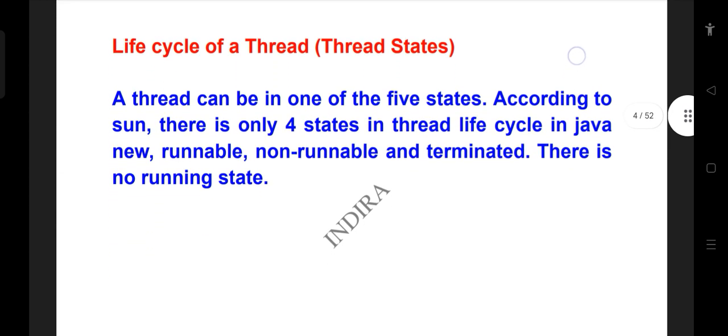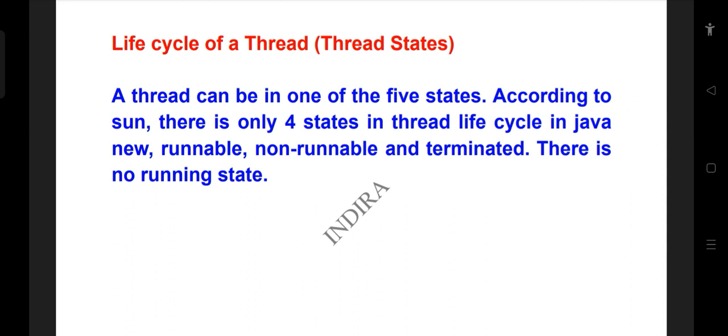Now the life cycle of a thread. A thread can be in one of 5 states according to Sun. But in the Java thread life cycle there are only 4 states: new, runnable, non-runnable, and terminated. There is no running state.